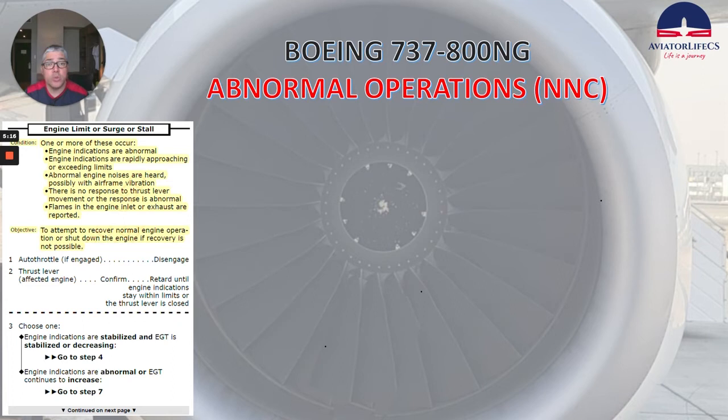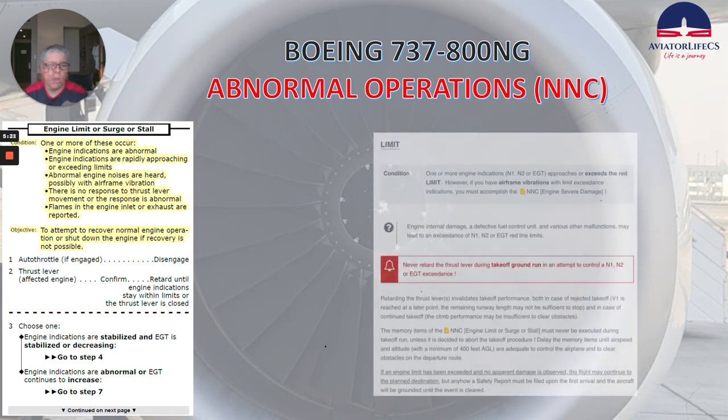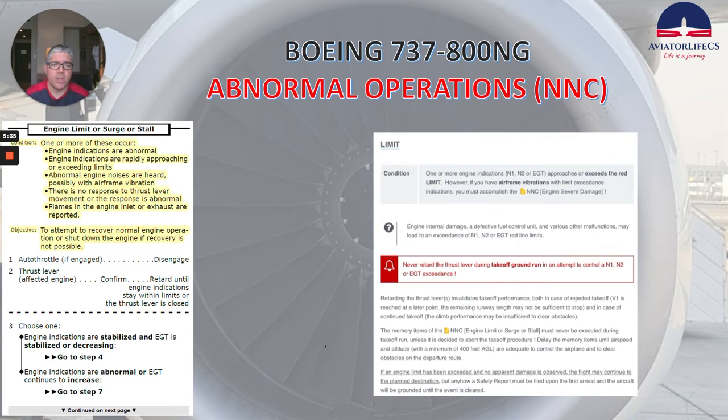So the first two steps: autothrottle, if engaged, disengage. Thrust lever, affected engine, confirm, retard until engine indications stay within limits or the thrust lever is closed. About the limit part, this is what the MRG says. One or more engine indications, N1, N2, or EGT, approaches or exceeds the red limit.